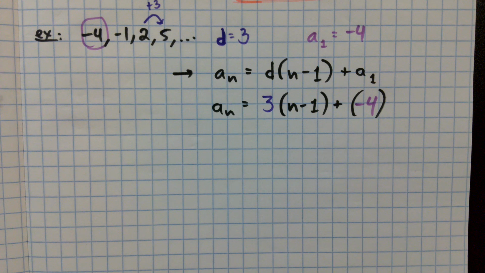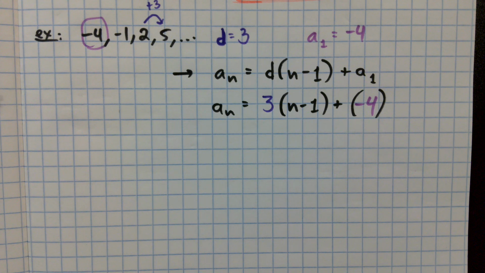You need to distribute the 3 to the 1 and to the negative 1. Good. It's not too bad, right? What'd you get? Make sure. Yep. And then what's negative 3 minus 4? Negative 7. So 3n minus 7. Yes, sorry.